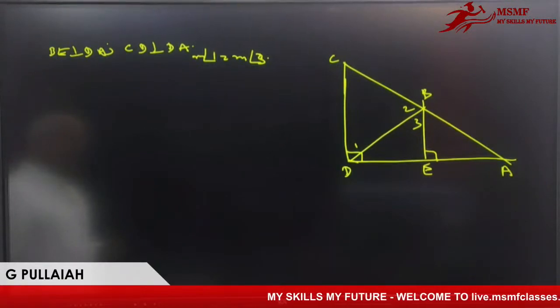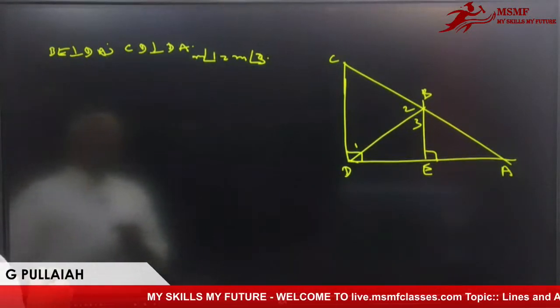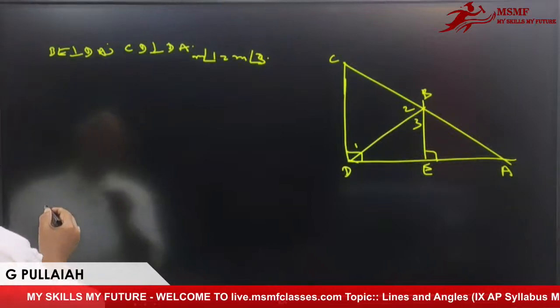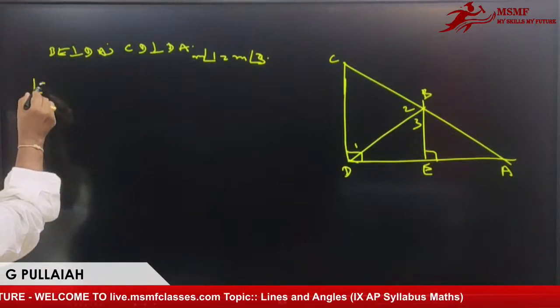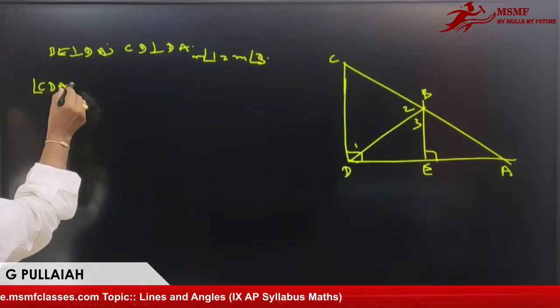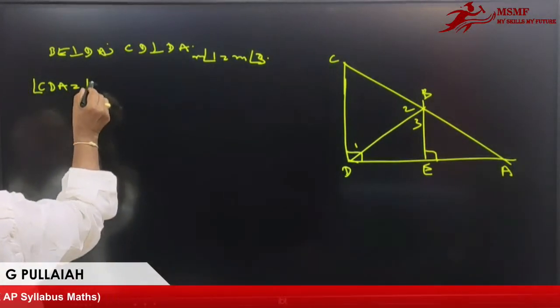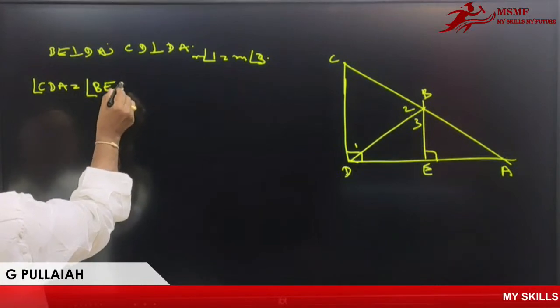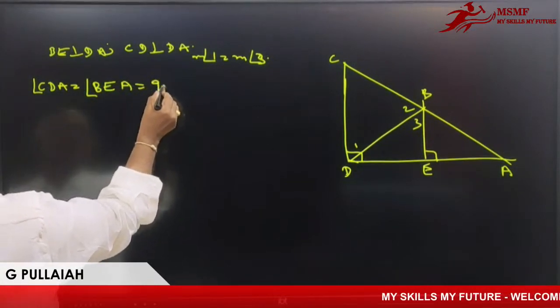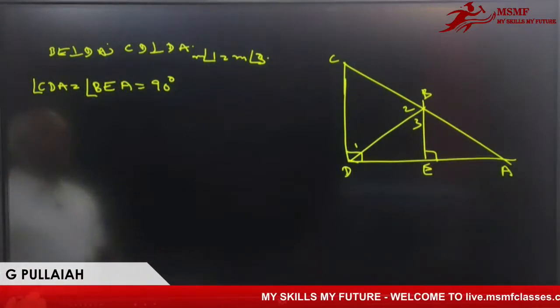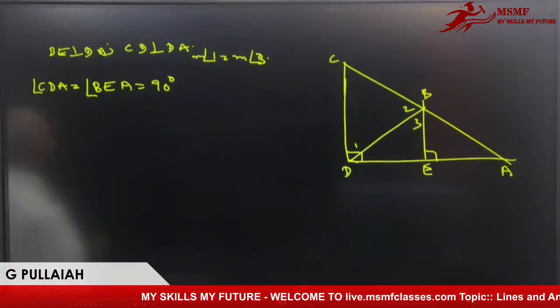So thereby you can say here angle CDA is equal to angle BEA, that's 90 degrees because they are perpendicular.